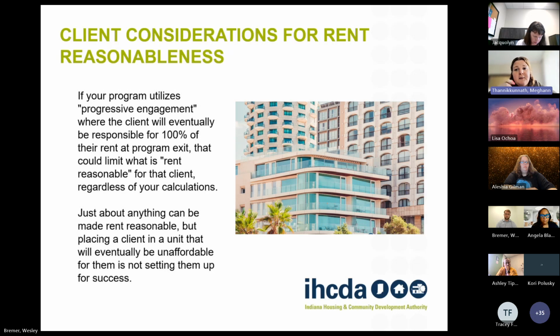This was a great program to get people housed fast. However, with the clients it was a mixed bag. Some of the clients were like, heck yeah, I'll live in this really nice apartment complex with one of those pools with the disappearing edge and all these cool luxury features, and I don't know how I'm going to pay $2,500 a month, but that's a future me problem.